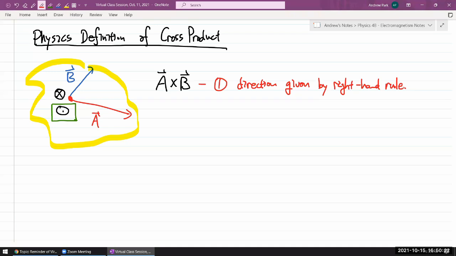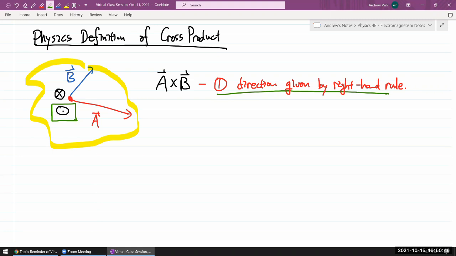Because the dot product resulted in a scalar, all you needed was the value of that scalar. You didn't need to know the direction of the dot product. But with the cross product, there's direction. And the direction is what takes the longest to state. That's why I've taken 10 minutes to do it. So that's the first part of the definition.